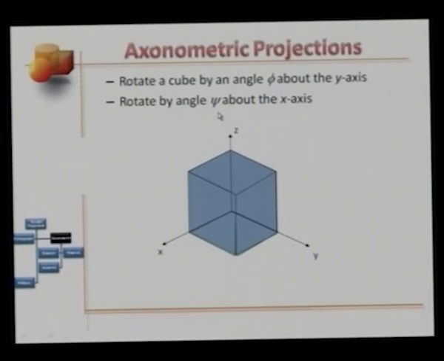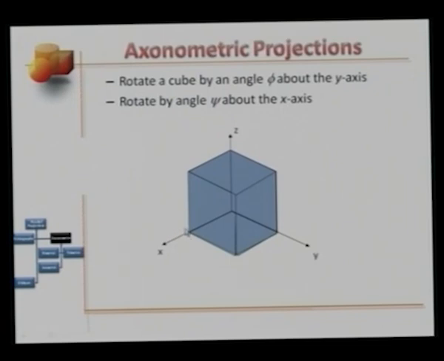Specifically, in this example, we rotate this cube about the y-axis counterclockwise by an angle phi, and then we rotate that result about the x-axis by an angle psi.